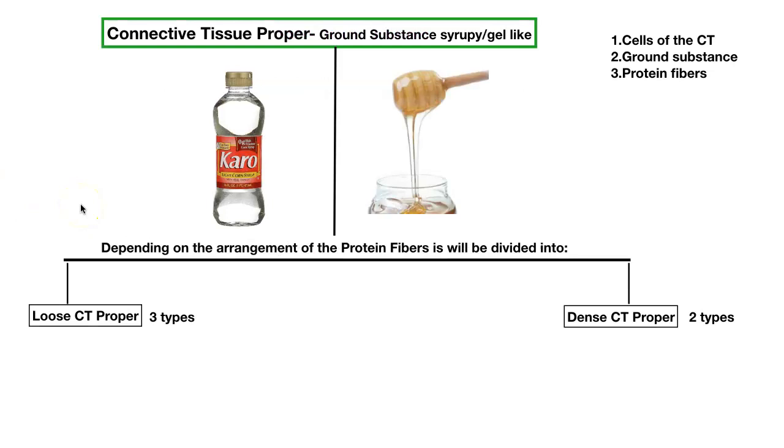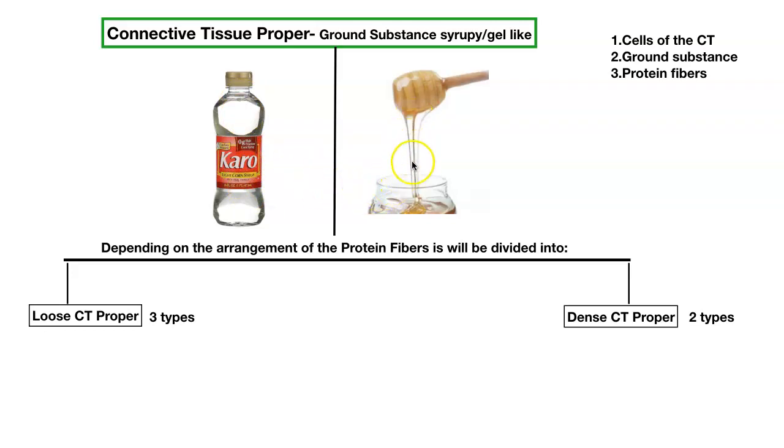So connective tissue proper, we said the ground substance was syrupy or gel-like. If we were in class, I would be bringing a bottle of Karo syrup, and I would be pouring it in a petri dish for you guys to all see.